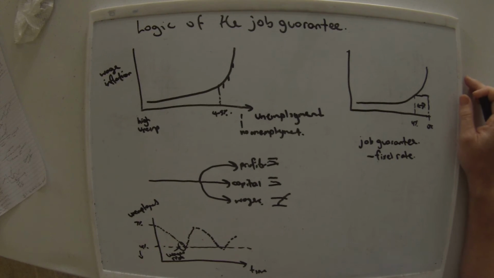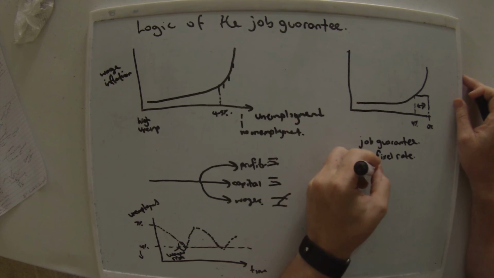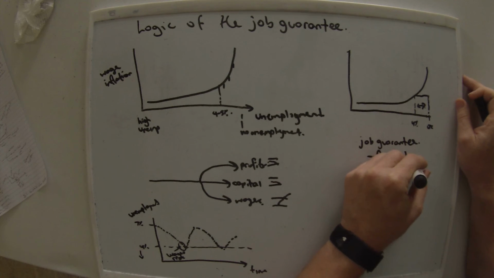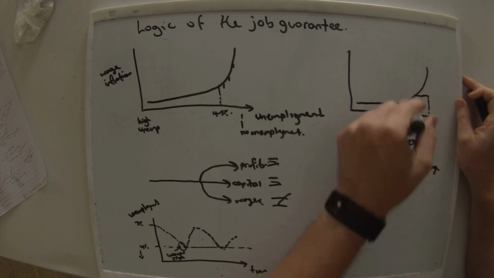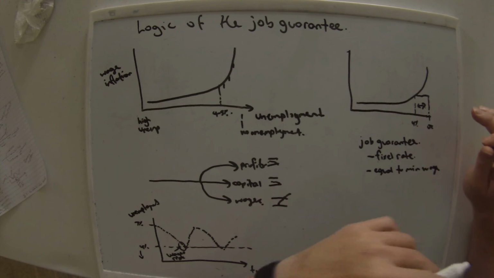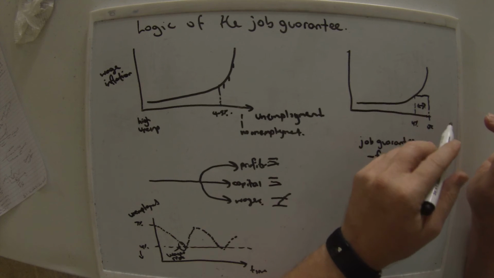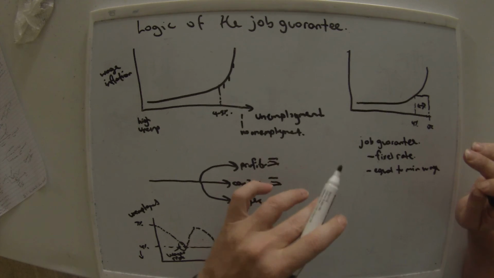Another feature is that you set it equal to the private sector's minimum wage. Because if you set it higher than the minimum wage, people are going to come out of the bottom levels of the private sector and into the job guarantee, and then to get them back, the private sector is going to have to offer higher wages.